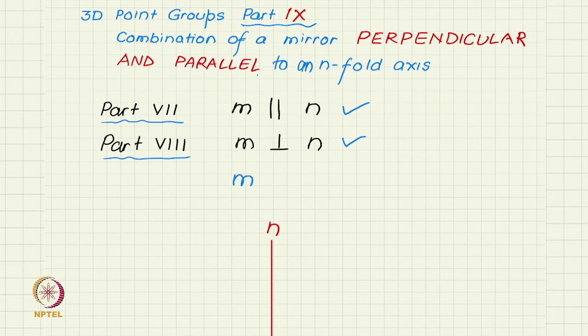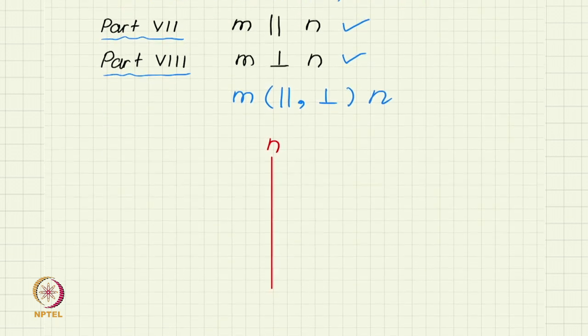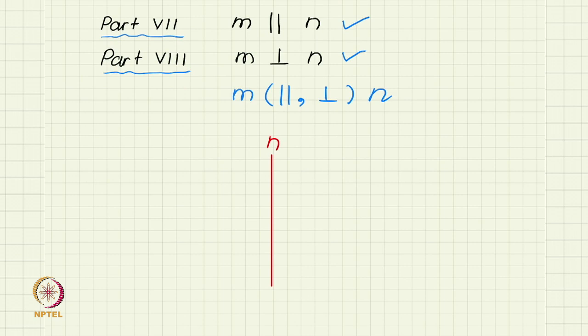in both the orientations. That is, we will place a parallel mirror as well as perpendicular mirror to an n-fold axis and see what kind of groups we get. So, if we have an n-fold axis shown here, I place a parallel mirror plane.